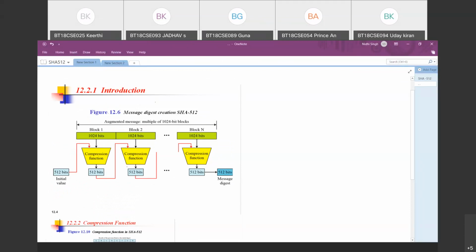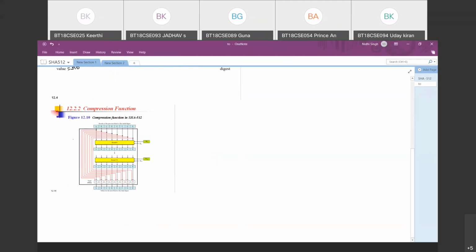This CF compression function has two inputs: the message itself and the initialization vector, which is nothing but H0. Whatever output is generated has 512 bits, because of the word generation inside the compression function. At the last, a 512-bit message digest will be created.